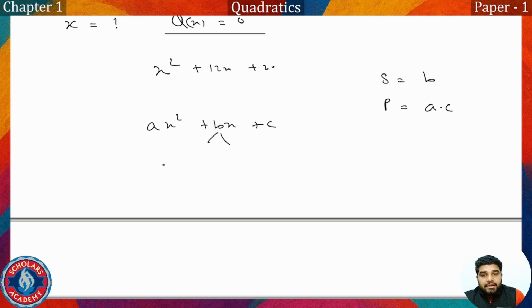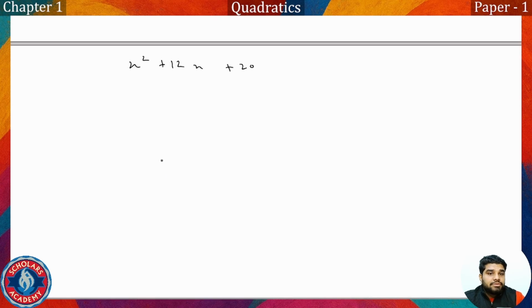So for x square plus 12x plus 20, the sum should be equal to 12 and the product should be equal to 20. Now I'll start with 20 and check the factors of 20.